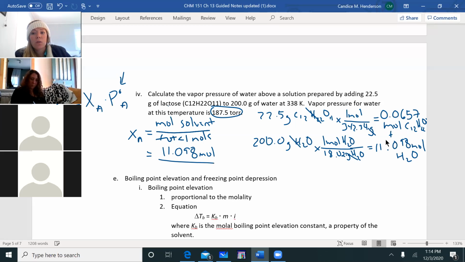I have to add these two together. I need to take my 11.098 plus the 0.0657. Make sure you add those two together before you divide it out. Your total should be 11.1647.